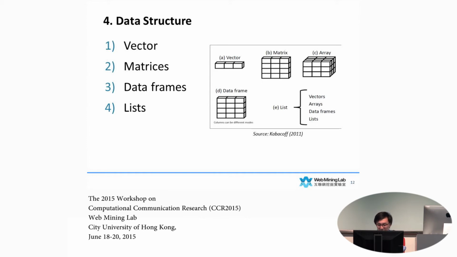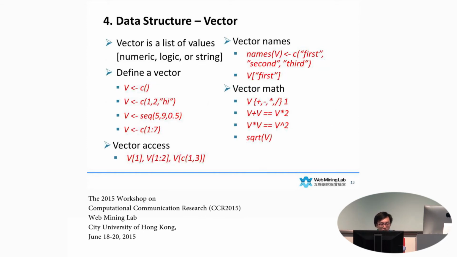For the first one, the vector, we create a vector with the c function. I just show you the c function, and we put the list of values here: 1, 2, 3, 4, or 7. Okay. Here is v.